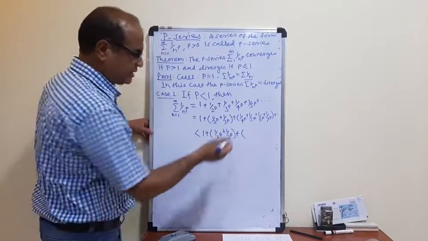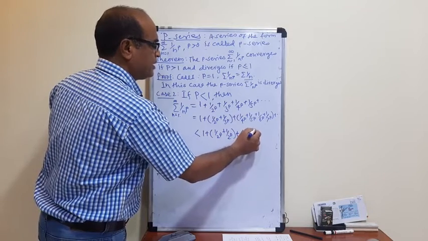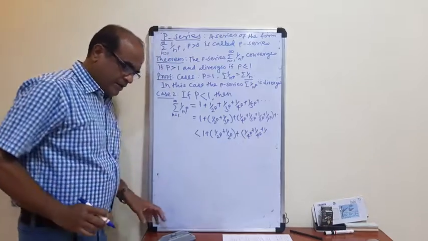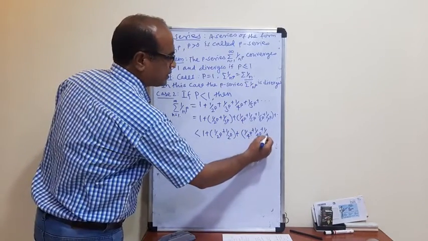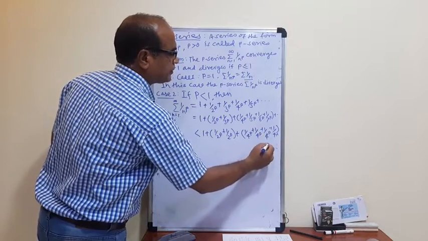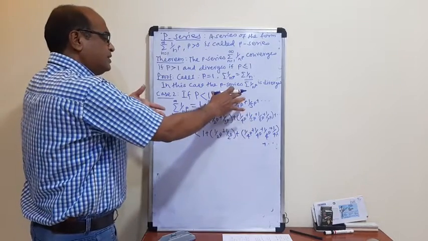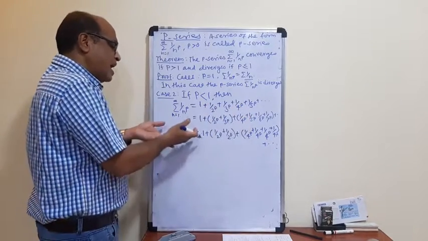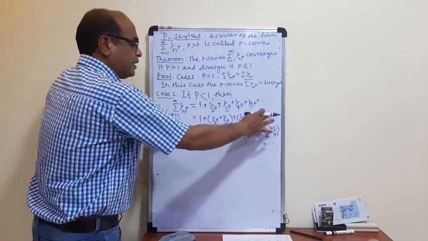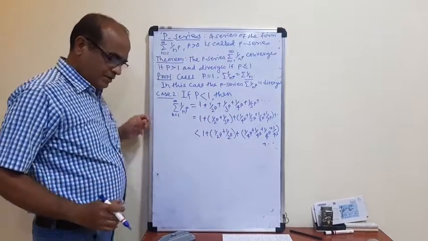So this is less than 1 upon 4 raised to p plus 1 upon 4 raised to p plus 1 upon 4 raised to p, 4 times here, plus 1 upon 4 raised to p and so on. So this series is less than this series because this bracket is less than this bracket, and so on.